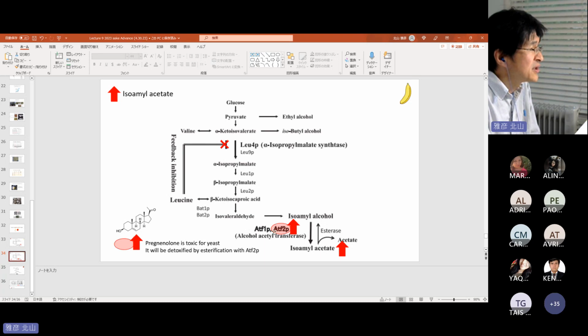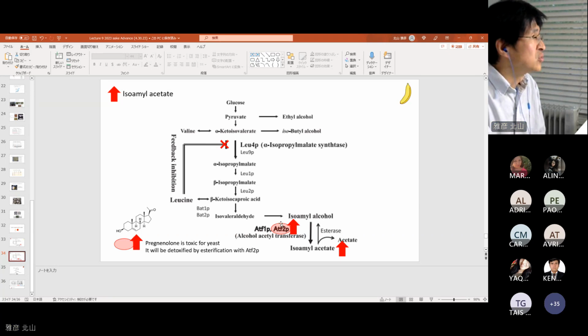Detoxified by esterification. Yeah, this enzyme will make isoamyl acetate. In order to make isoamyl acetate, they use this type of chemical, which is called fleginolone. It is toxic for yeast.